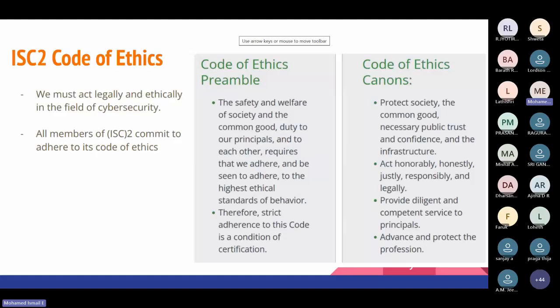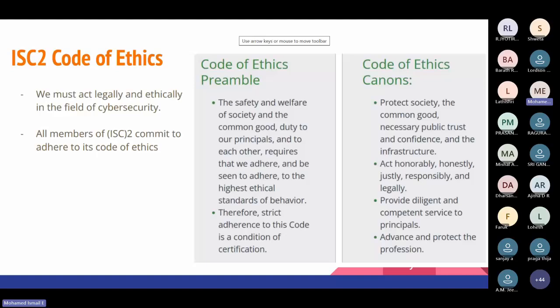All of these codes of ethics may come in the exam as a question. They may give you four options and you choose which one is correct, in a scenario-based question. For example, you are the security manager in a company and you have identified a data breach. What would you do? Maybe the four options are: I will act immediately, or I will report to my management, or I will follow the instruction or a baseline.